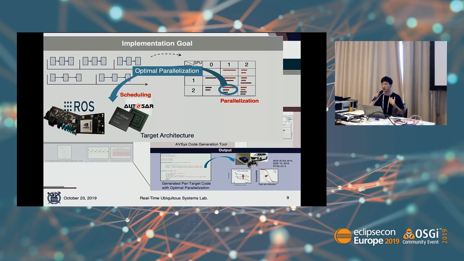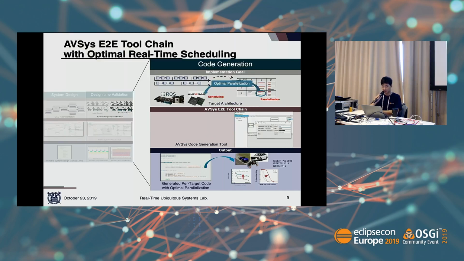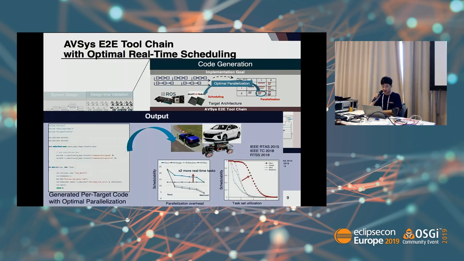This is our research result, so this is the implementation goal. If you type in the parallelization configuration, then we do the optimal parallelization for the target system. So these are the results.